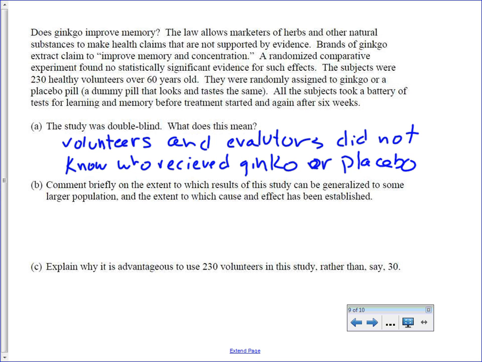Comment briefly on the extent to which the results of the study can be generalized to some larger population and the extent to which cause and effect has been established.